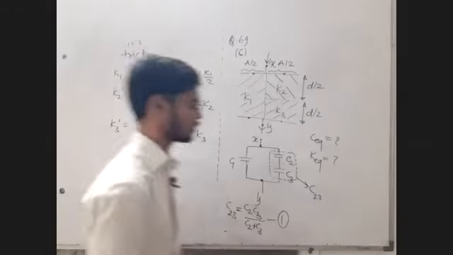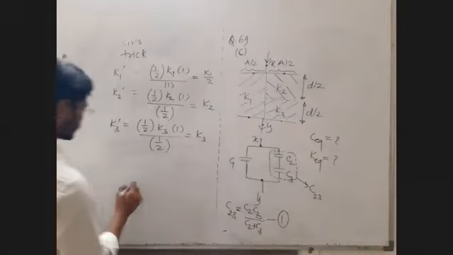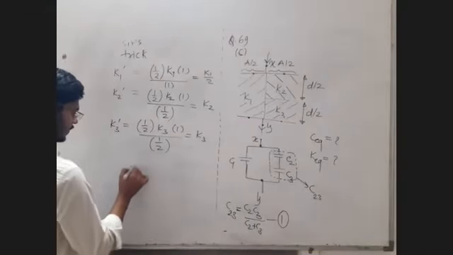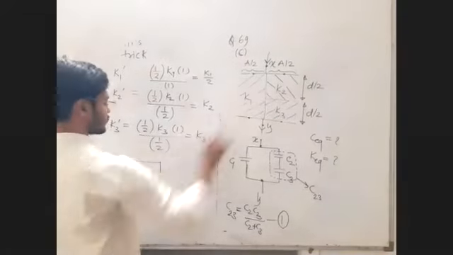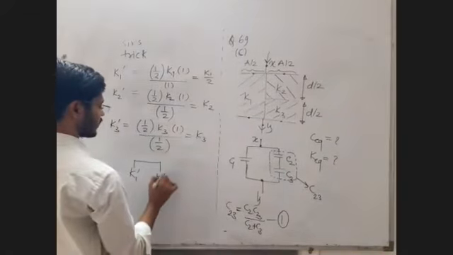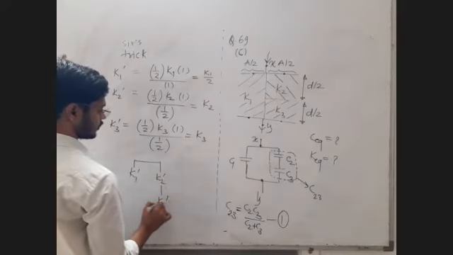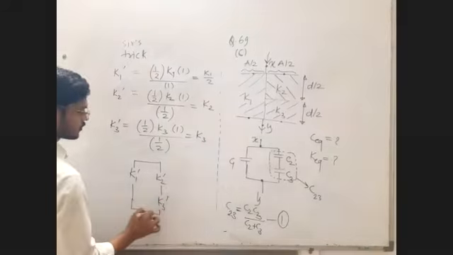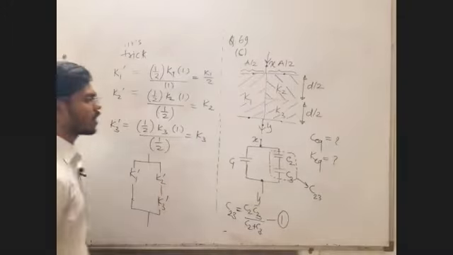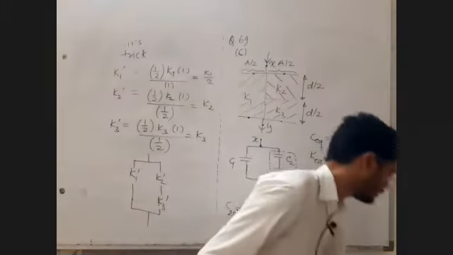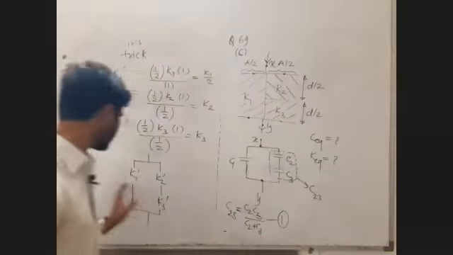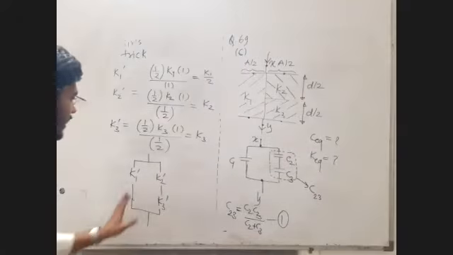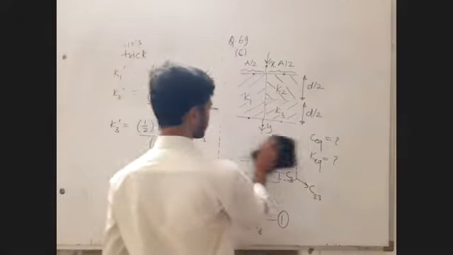Instead, here let's write K1 dash, K2 dash, K3 dash. Do it like this. Now, as if these are capacitors, solve the problem.